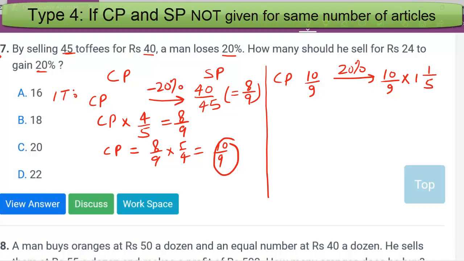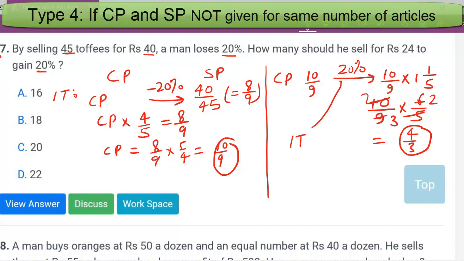So the selling price is 10 by 9 into 6 by 5, which is basically 4 by 3. So you get 4 by 3 as the selling price for one toffee with 20% gain.